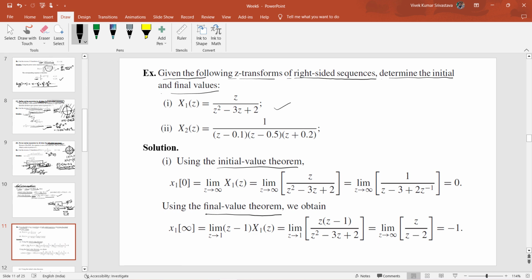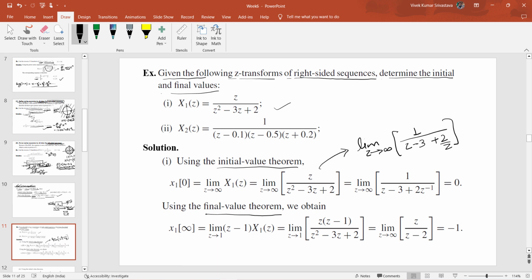Here, I am solving it for you. Limit z tends to infinity, we can divide both numerator as well as denominator by z, so this will be equal to 1 over z minus 3 plus 2 by z.